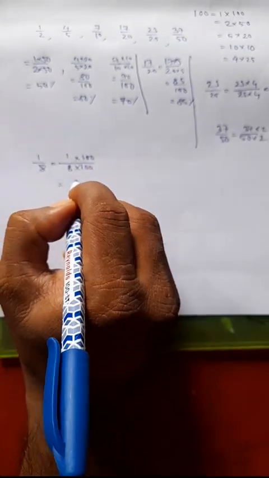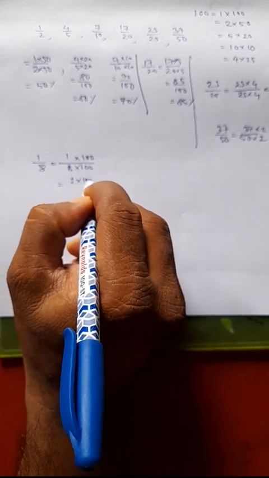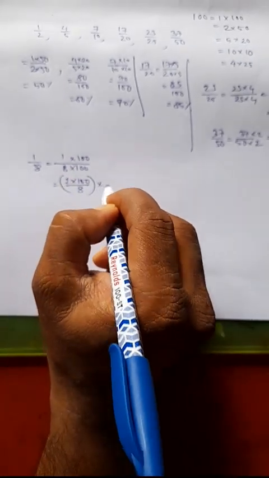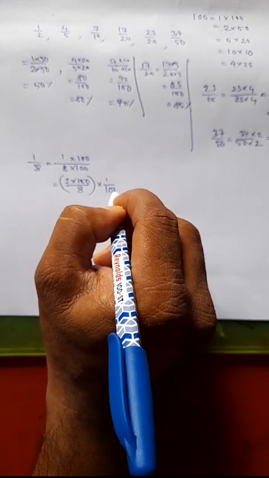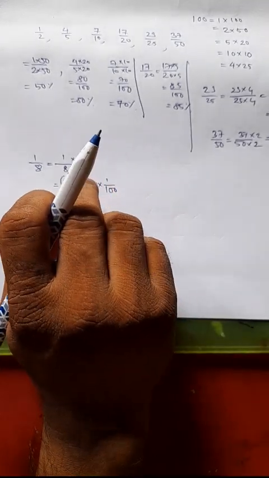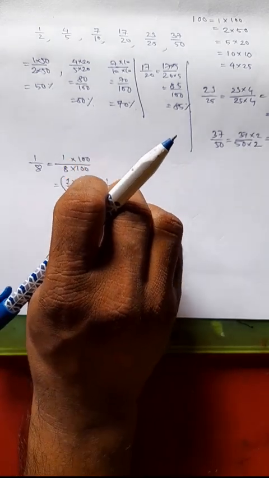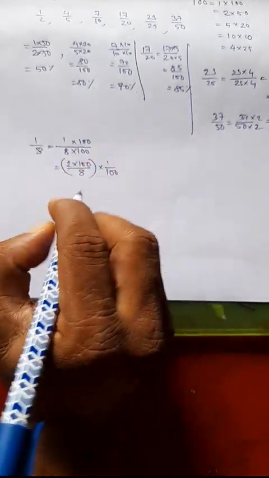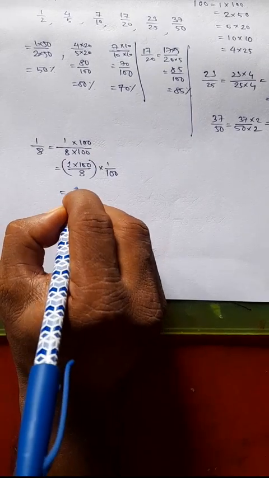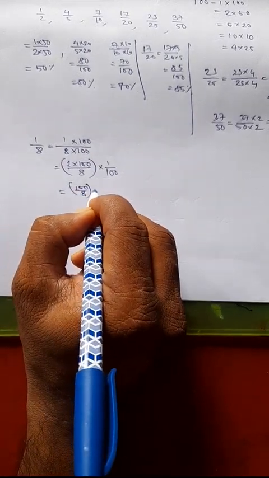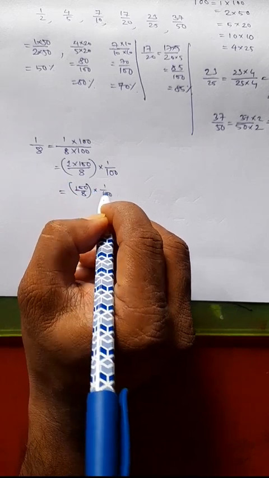Then we will write it as 1 into 100 by 8 into 1 by 100. We are just writing this 100 separately. Now you got it 100 by 8 into 1 by 100.